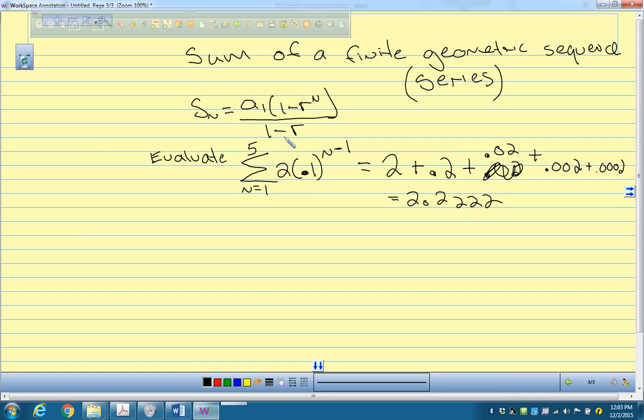But using the formula up here, because sometimes it won't be as neat as this, you can plug in S sub n is equal to a sub 1, which is 2, times 1 minus, what's r in this case? What am I multiplying by each time? 0.1. You have to put this in parentheses and raise it to the n minus 1 power, which would be 4, and then divide by 1 minus 0.1.